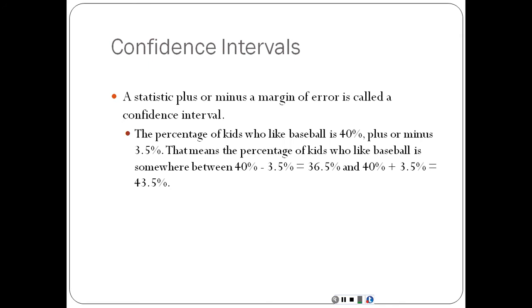So I would take 40% minus 3.5 and 40% plus 3.5, and that would give me my lower end and my upper end.